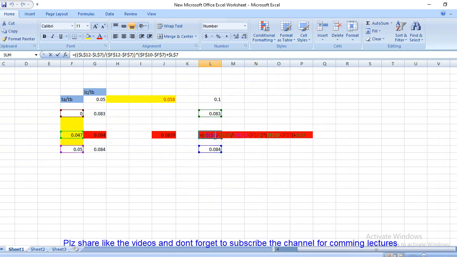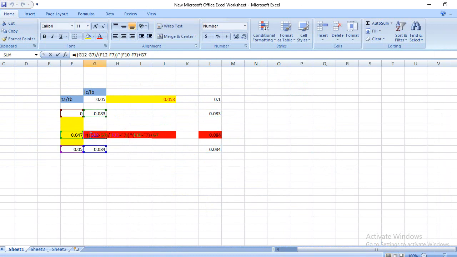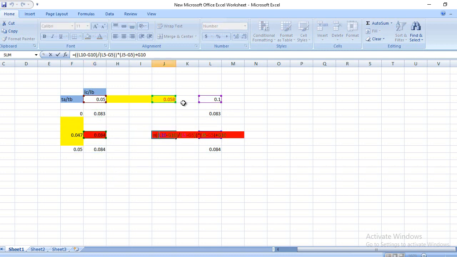I already inserted the formula. You see this value is calculated in between this value and this value, similarly this and this one. Similarly this value is calculated using this one and these three values, and the final value is found by two-way interpolation.